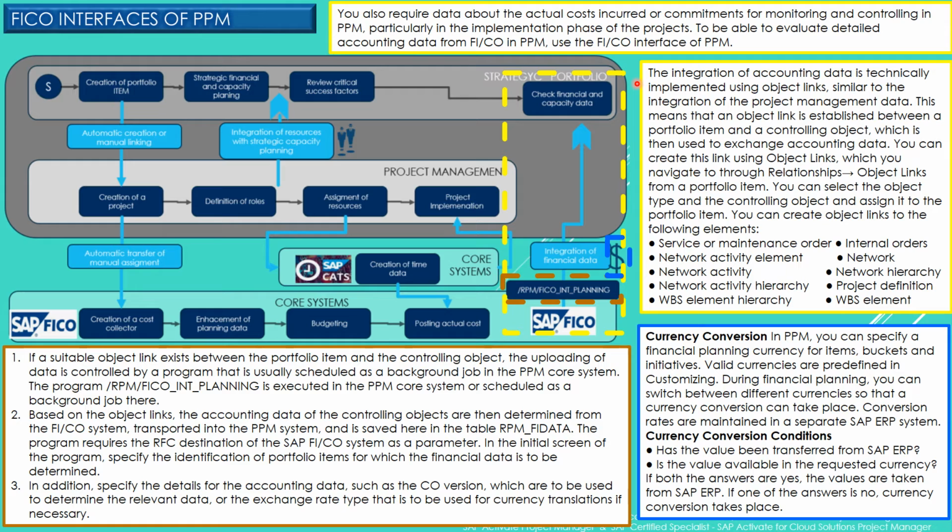This means that an object link is established between a portfolio item and a controlling object, which is then used to exchange accounting data. In the previous lesson, we studied the path that we need to use in order to create these object links.